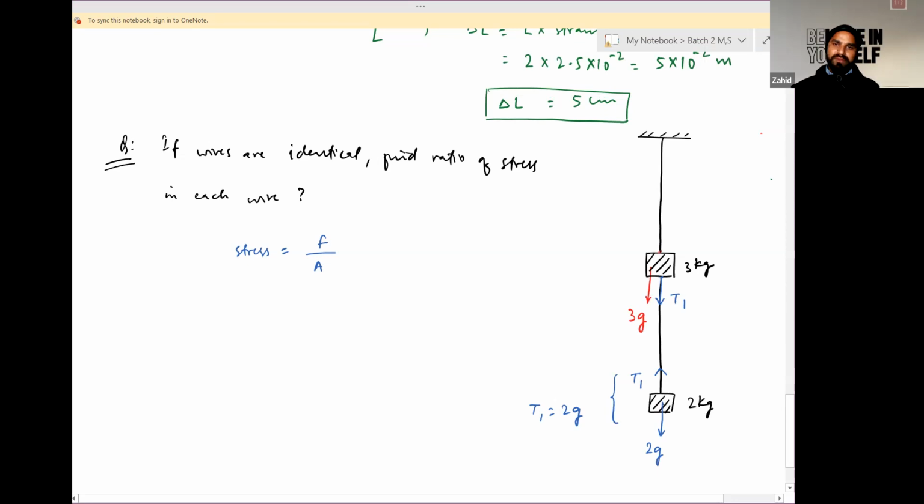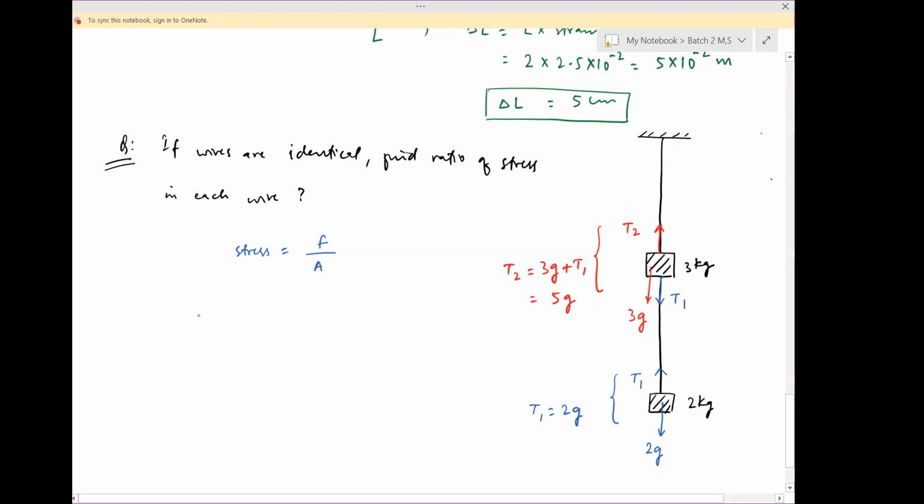Opposite to it will be a tension T2. So net force acting on this part will be 0. Total upward force equals total downward force, which equals 5 times gravity. This tension acting on the string is responsible for applying the deforming force. Is it clear?